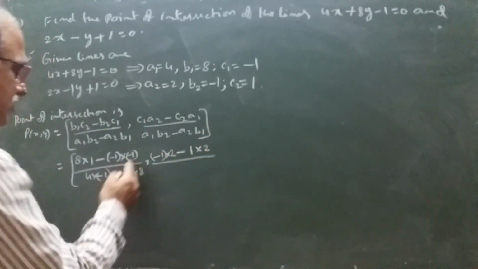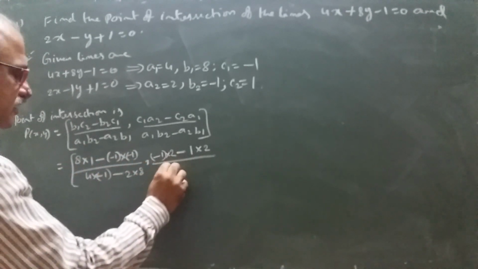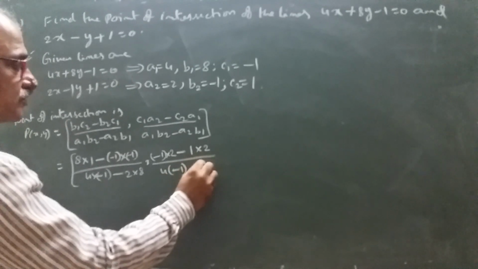By a1 b2 minus a2 b1, as written out the same, that is 4 into minus 1 minus 2 into 8.